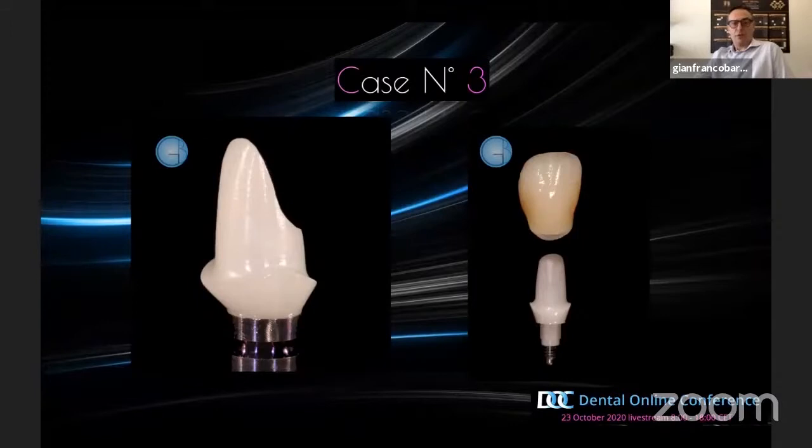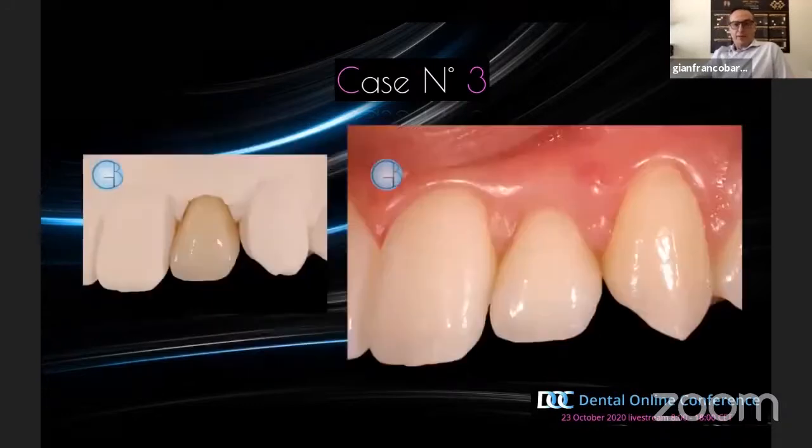We put on the lab abutment, the lab simulator. Okay, we built the ceramic and put it in the mouth.